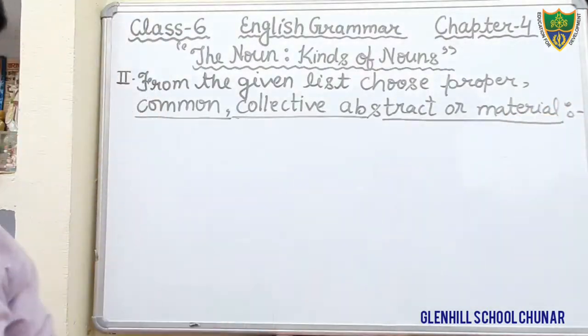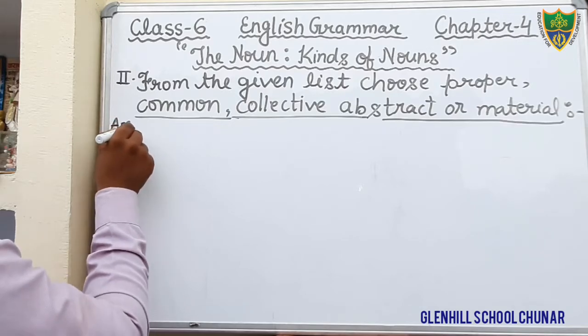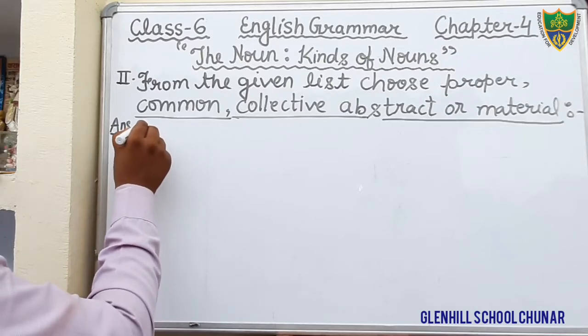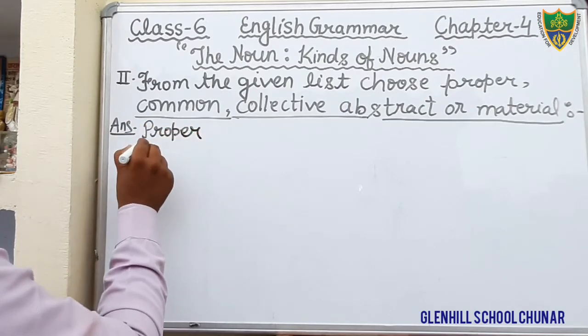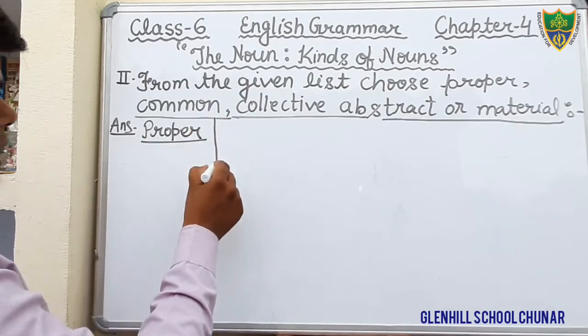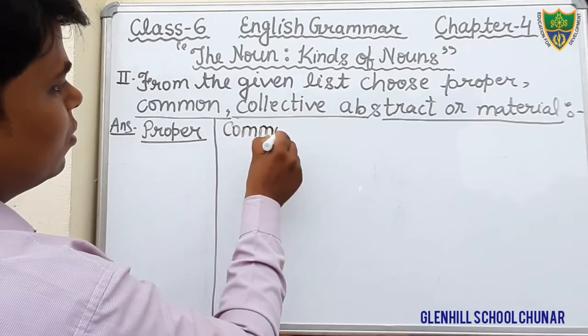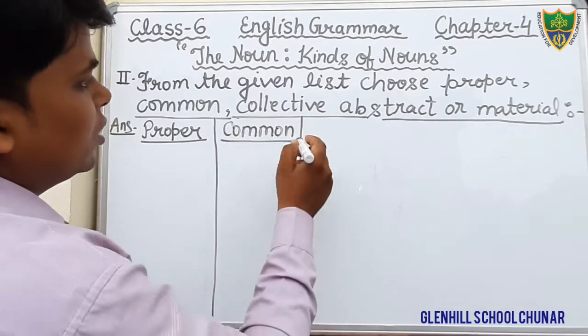Okay, and then after that you put the answer here and make 3 columns. Not 3 columns, 5 columns. First column is proper, that is proper noun. Another column common. Okay, next column that is collective.